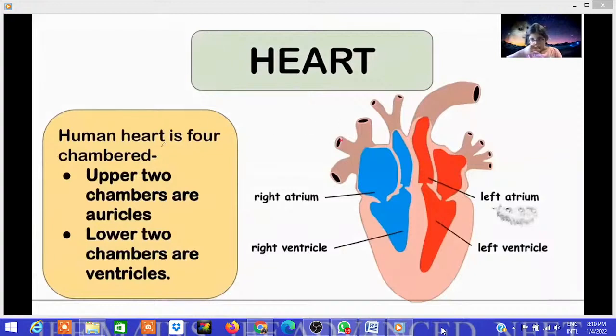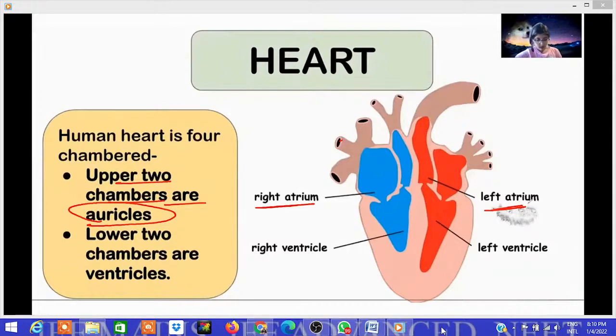Now, when we talk about the upper 2 chambers, they are called auricles. Here you can see the right atrium, left atrium. That means auricles. They are written like that. Atrium or auricles, both are the same.